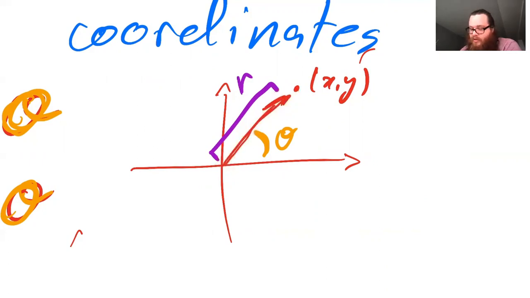All the information that we get from x comma y, where we are in space, we also get from the pair r and theta.